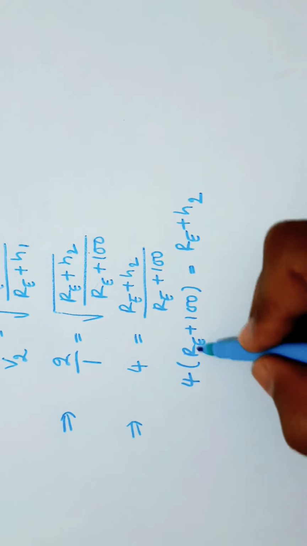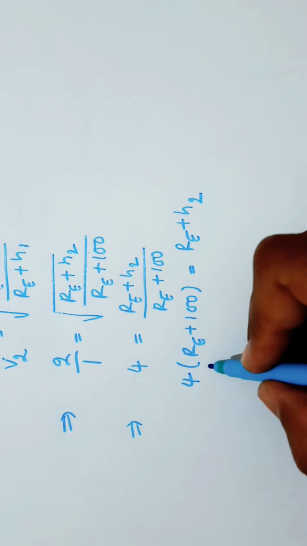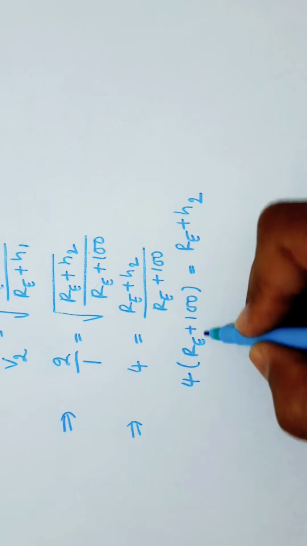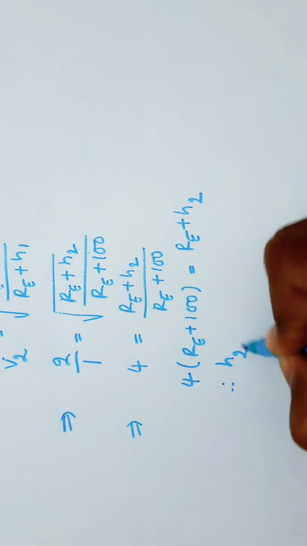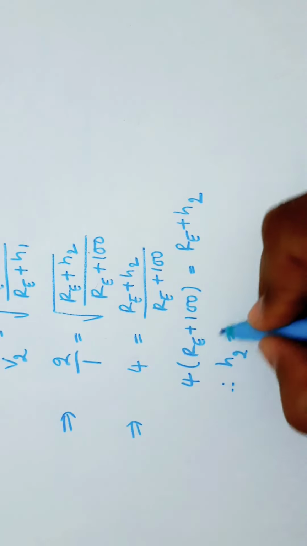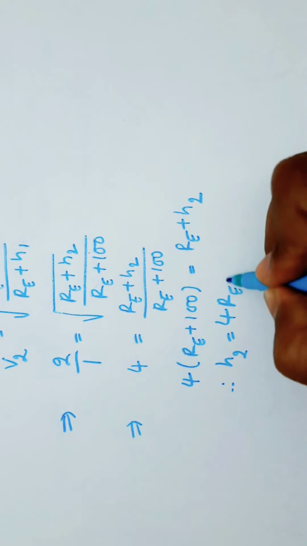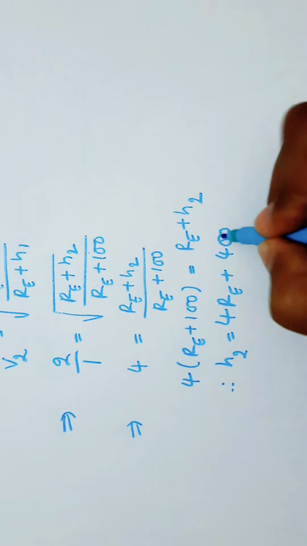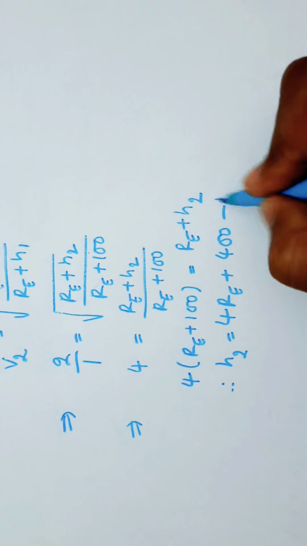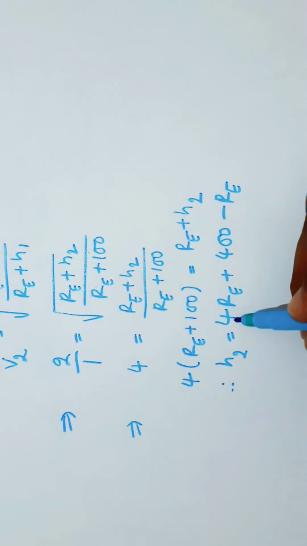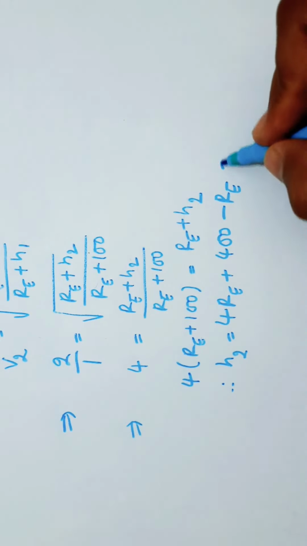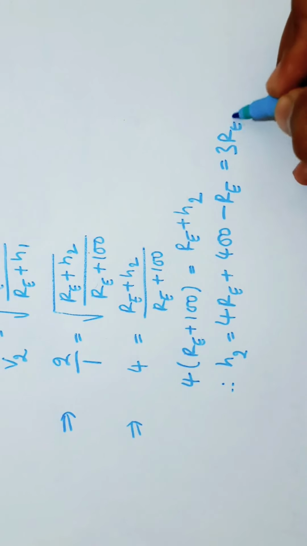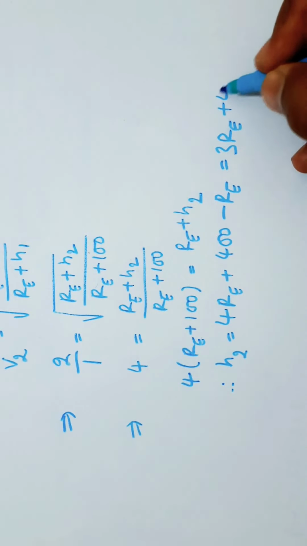So 4Re plus 400. Take Re to this side. Therefore h2 is equal to 4Re plus 400 minus Re. So 4Re minus Re, that is 3Re plus 400.